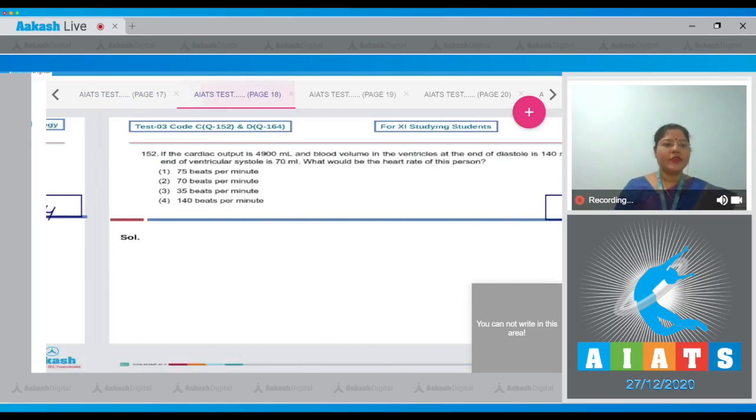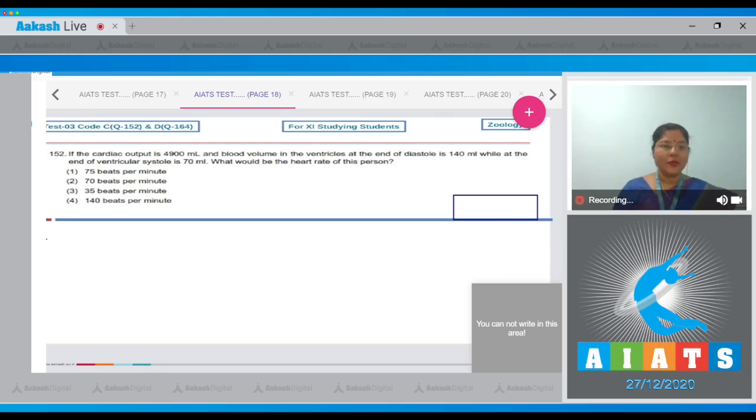Let's move on to the next question. Question number 152. If the cardiac output is 4900 ml and blood volume in the ventricles at the end of diastole is 140 ml, while at the end of ventricular systole is 70 ml, what would be the heart rate of this person?